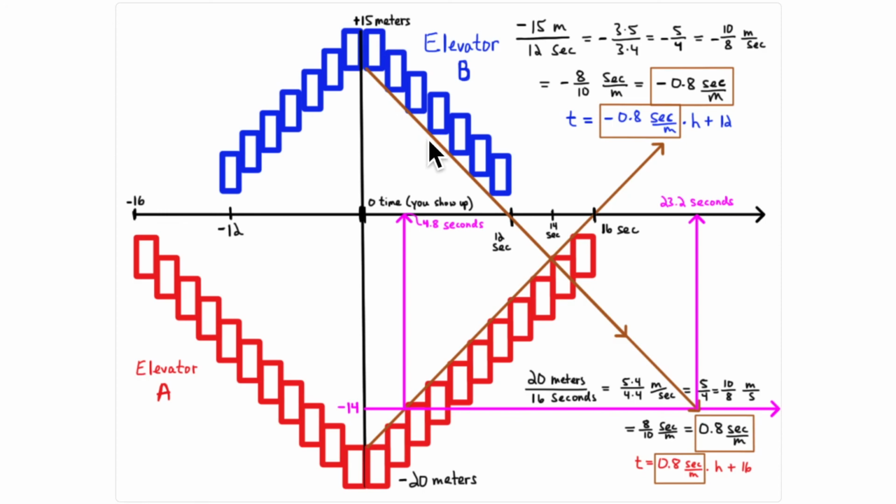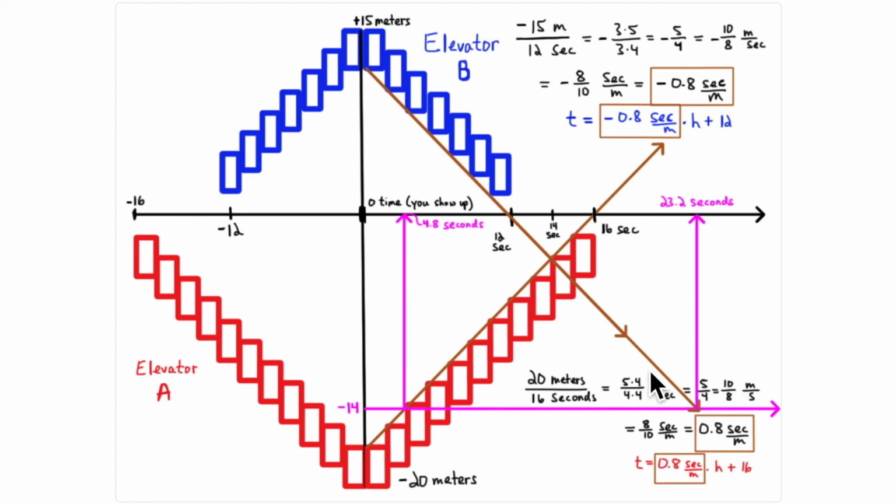So here's 15 meters, it takes 12 seconds. And to get to negative 14 meters, that's another almost 12 seconds. 14 meters is just 1 meter less than 15. So if it were 15 meters, it'd take another 12 seconds to get to negative 15 meters. It doesn't have to go that far. It only has to go to negative 14. So this is that 11 and 2/10 seconds right here.